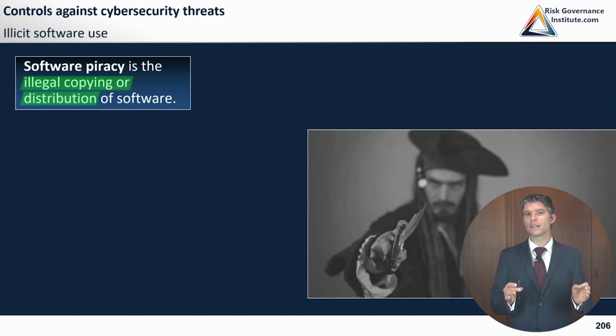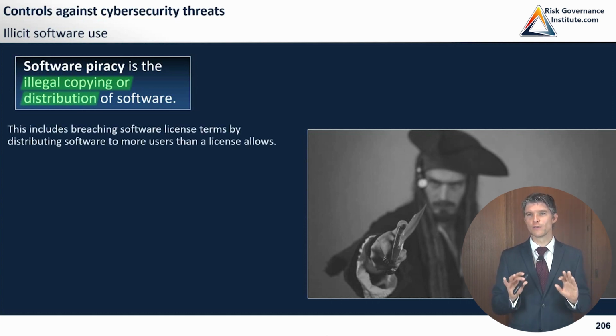It's the illegal copying or distribution of software. But this actually includes things that you might think are a little bit more innocent than what this picture implies. It could include breaching software license terms, say by distributing the software to more users than the license allows.